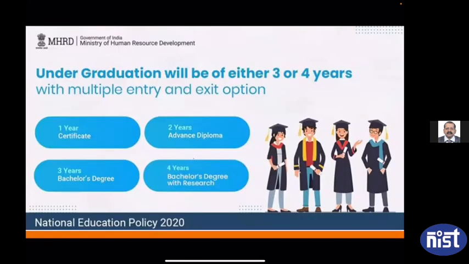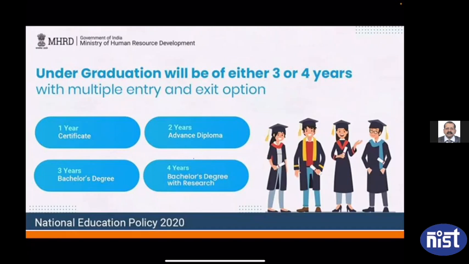Now, this multiple entry and exit. At the undergraduate level, there will be multiple entry and exit options at either 3 years. So this undergraduate degree will be either a 3-year degree or a 4-year degree. How does it work? You do the first year of college education, and if you leave after that, you will be given a certificate. You leave after 2 years, you will get an advanced diploma.